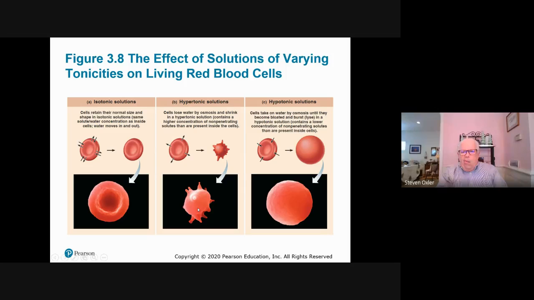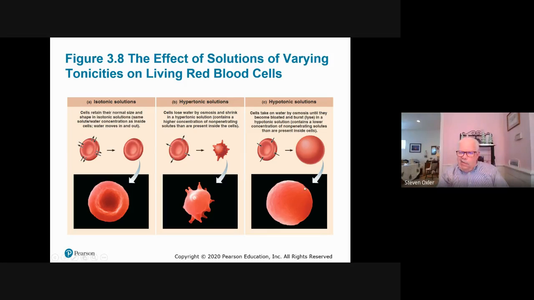Okay? When you have water leaving the cell, it crenates. And the reason it crenates is because water has left the cell, because outside of the cell needs water. So water will leave the cell and it crenates.